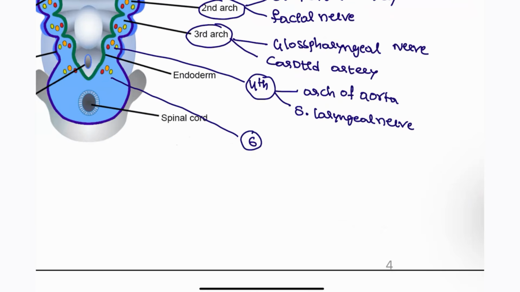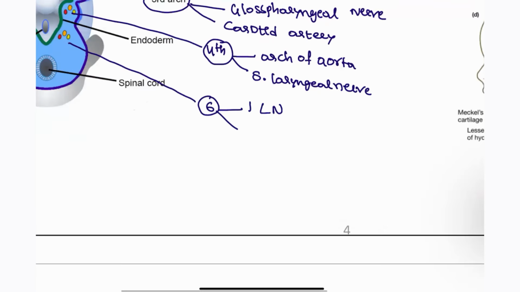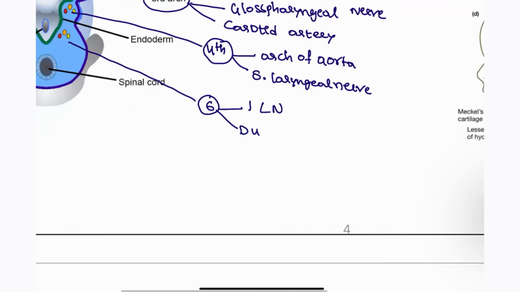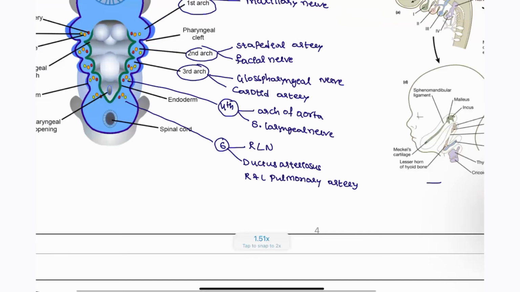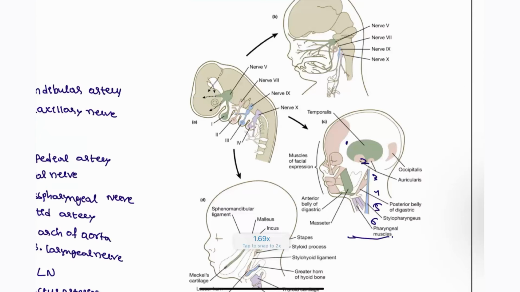So from the sixth, the recurrent laryngeal nerve. And coming to the arteries, it is going to give the ductus arteriosus. This is a PYQ, guys. Ductus arteriosus and right and left pulmonary arteries, which will be coming from these pharyngeal derivatives and the arches. The same is given here also.